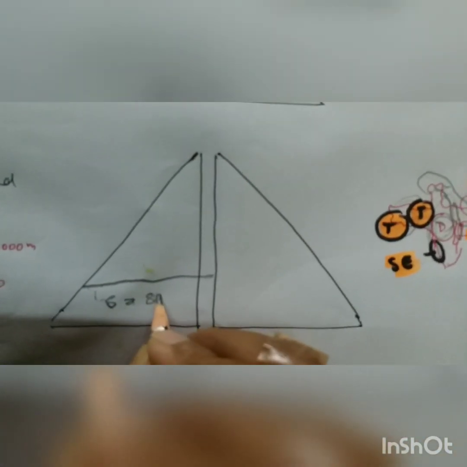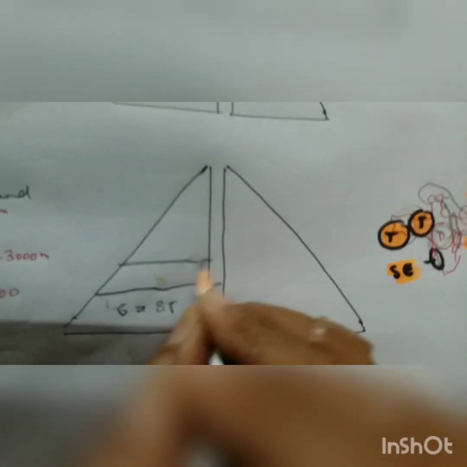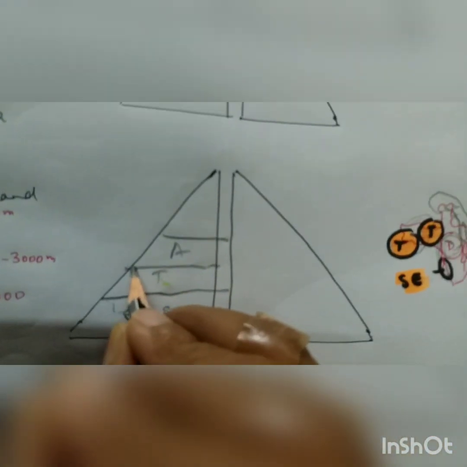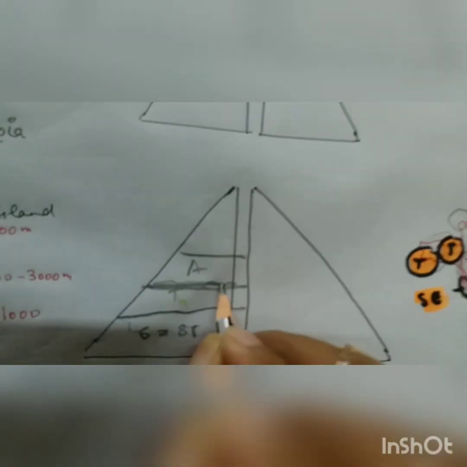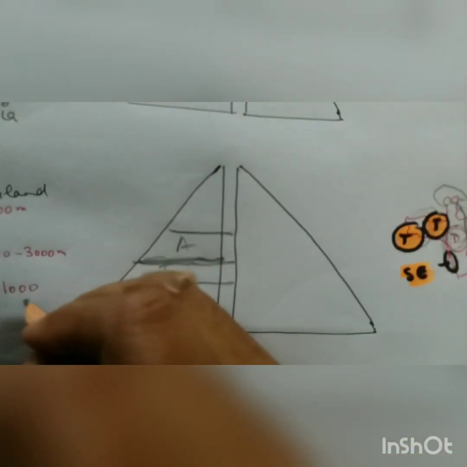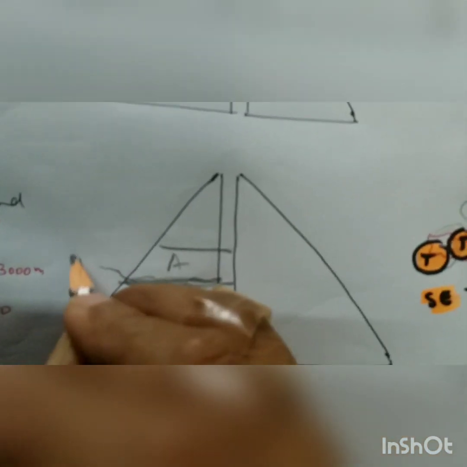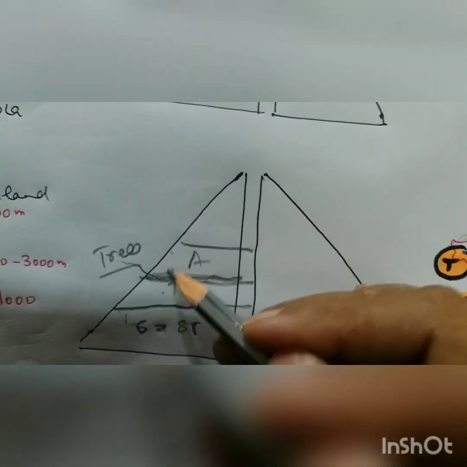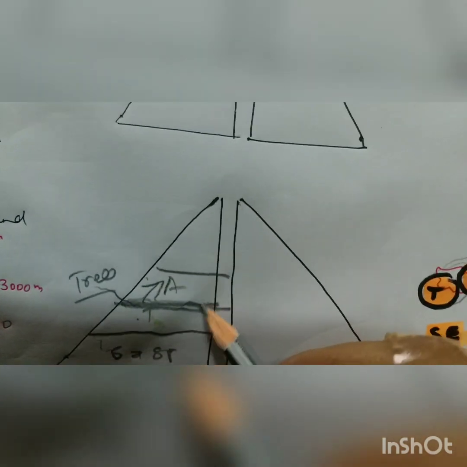And this layer is the tree line, and basically the vegetation above it is called alpine scrub.